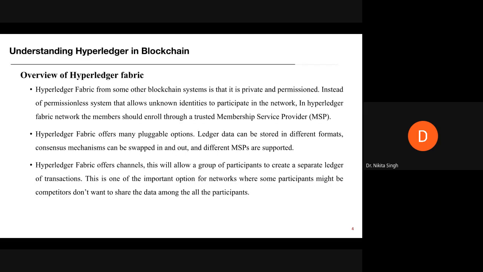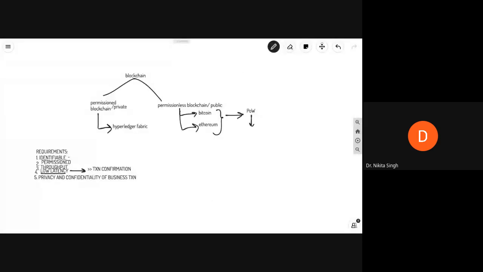So the membership service provider has the task of maintaining the identities on the network. If you look at this, we have an MSP on the network, and its role is to issue and maintain identities of nodes.